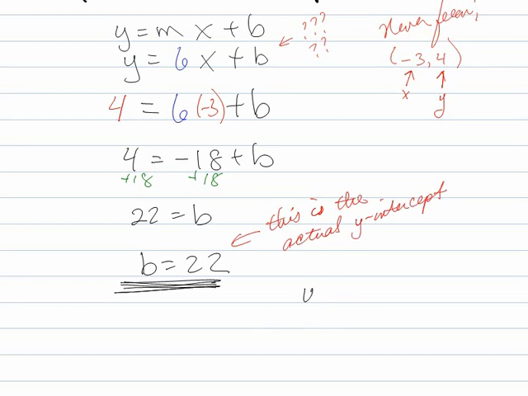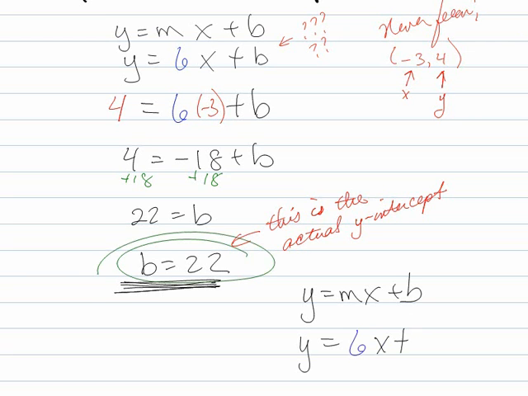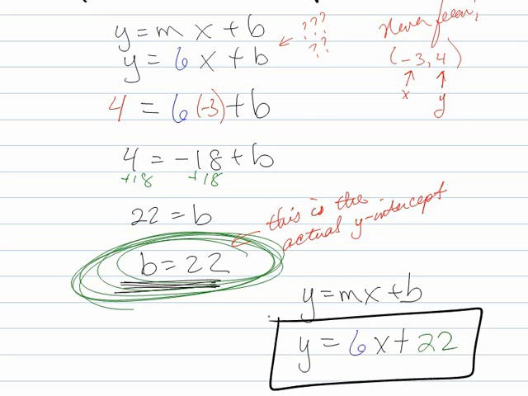So we're going to go back to our general form. So we've got y equals, m is our slope, our slope is still 6, times x plus b, which is 22. And believe it or not, that's going to be our answer to this problem.